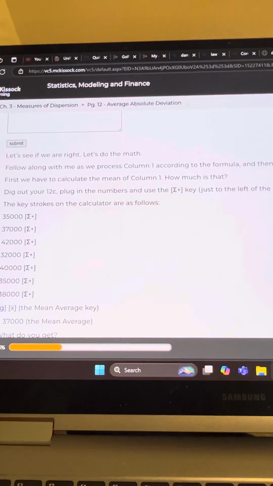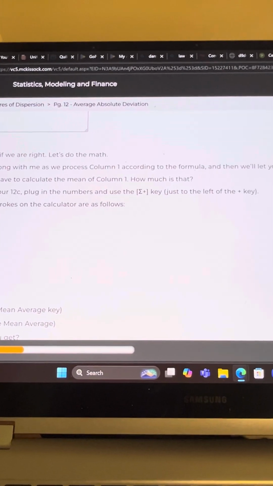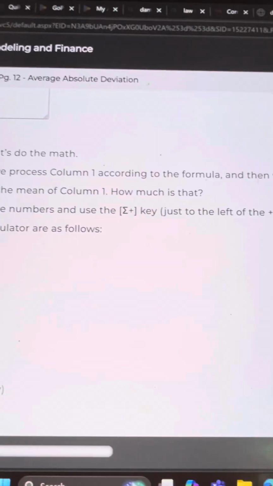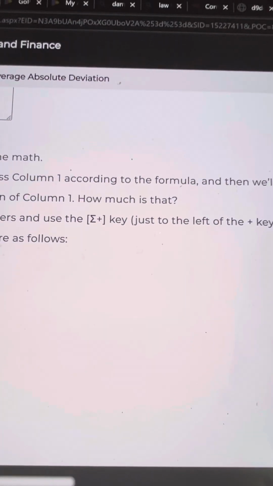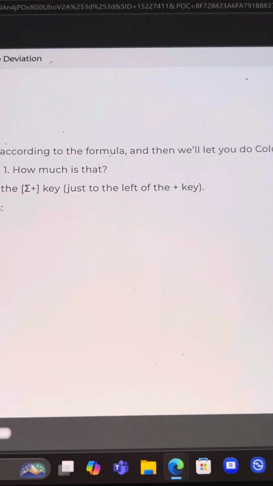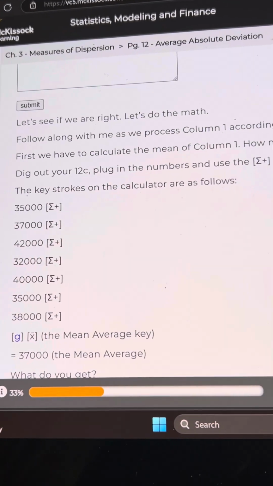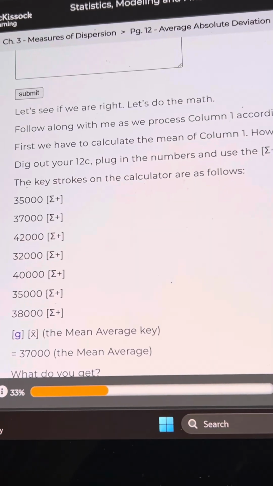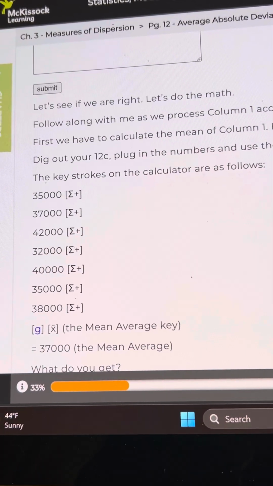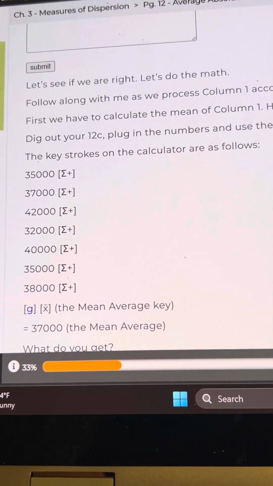How much is that? Dig out your HP12C, plug in the numbers, and use the Greek sigma-looking button with the plus key just to the left of the addition key. The keystrokes on the calculator are as follows: 35,000, and so on, all the way up to 38,000.